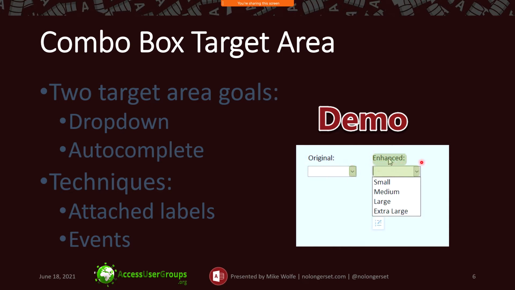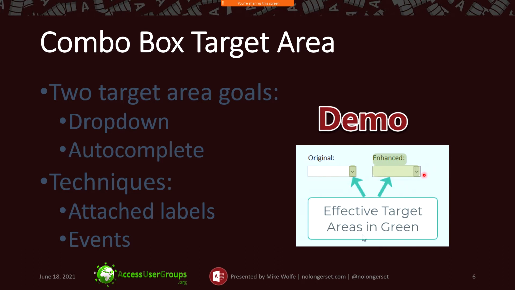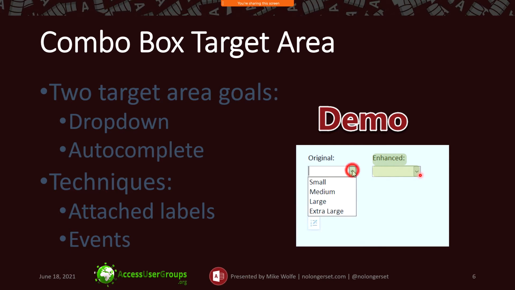With this enhanced version, you can click on the label, you can click anywhere inside of the combo box, and it'll force the drop down. So by increasing the target area, it just makes it faster and easier for your users to get to that functionality. They don't have to hit this relatively small target.